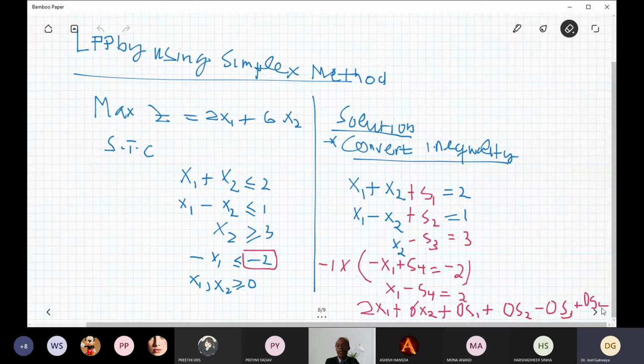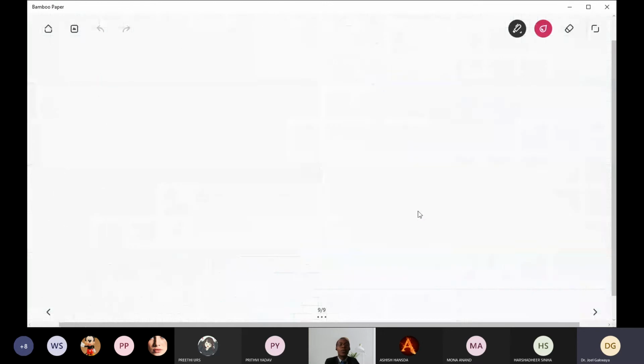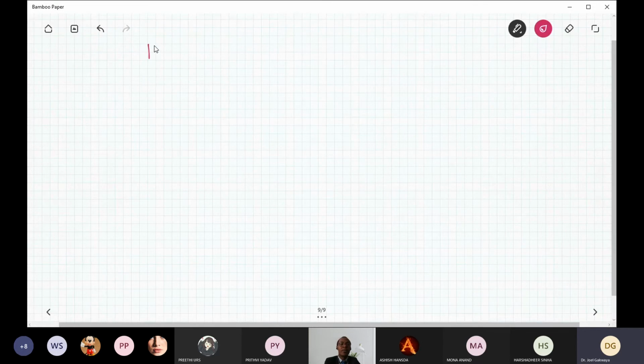Let me now come to the initial table. The second stage, we form the initial table.